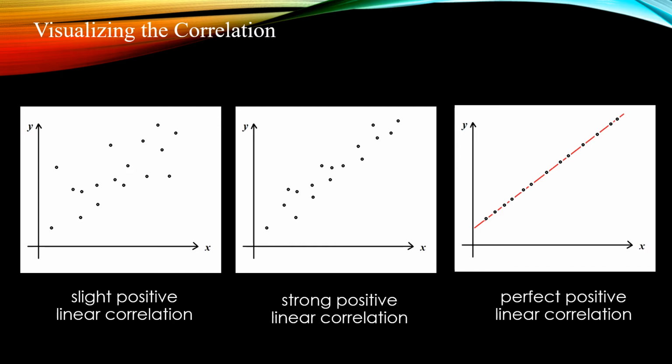A very similar type of relationship can be seen if we have a negative correlation. So a negative correlation would just be a general downward trend. As the x value increases, the y value is actually decreasing instead of increasing. So we get a general downward trend for the slope.